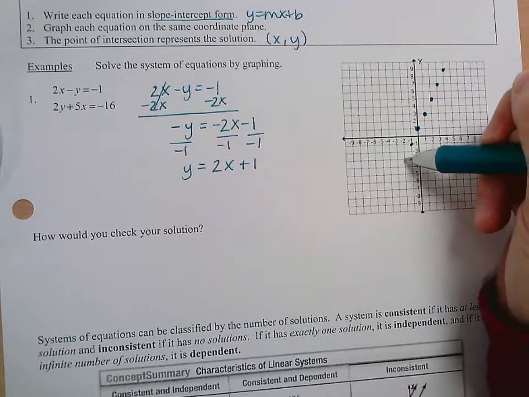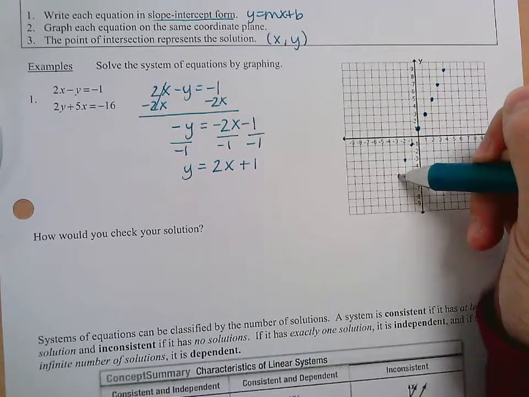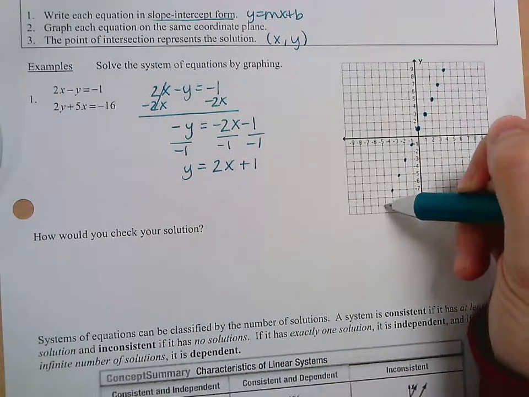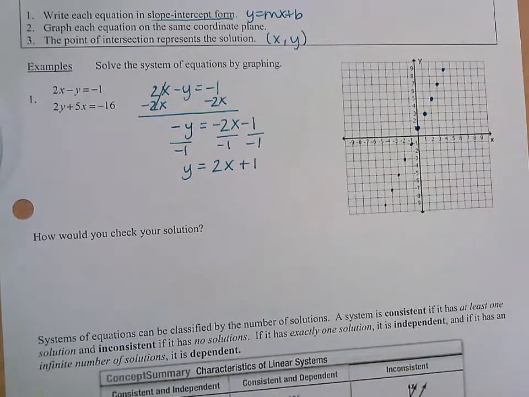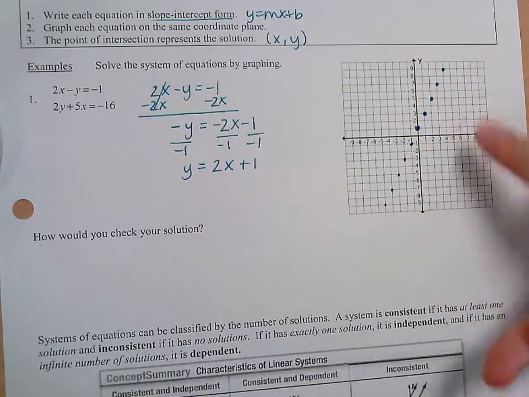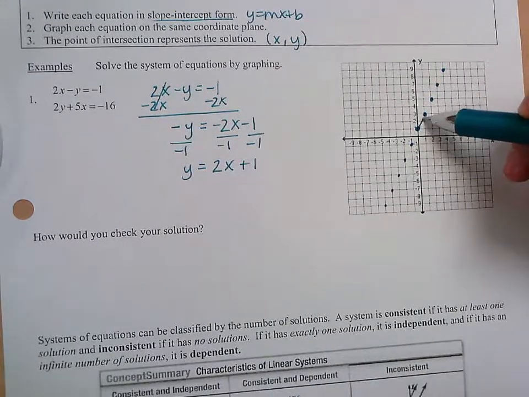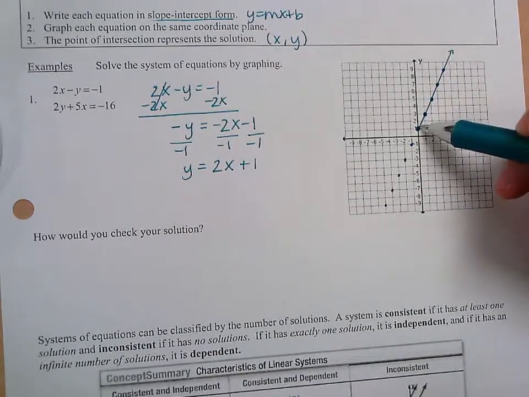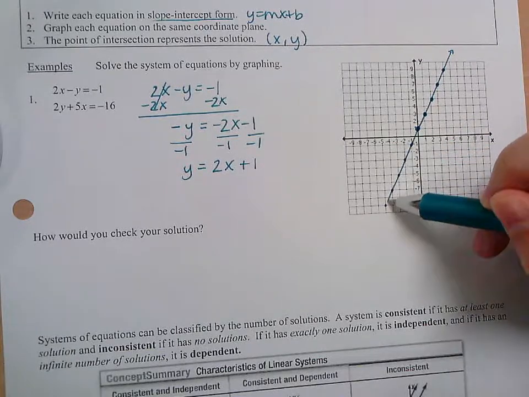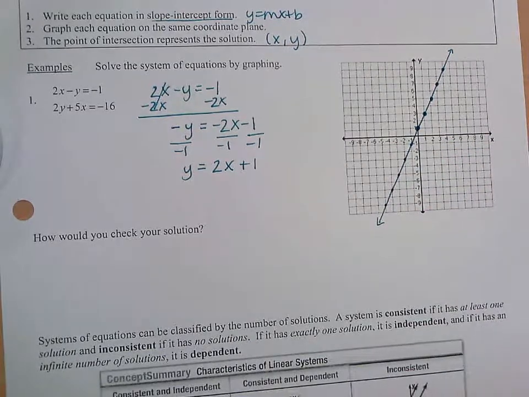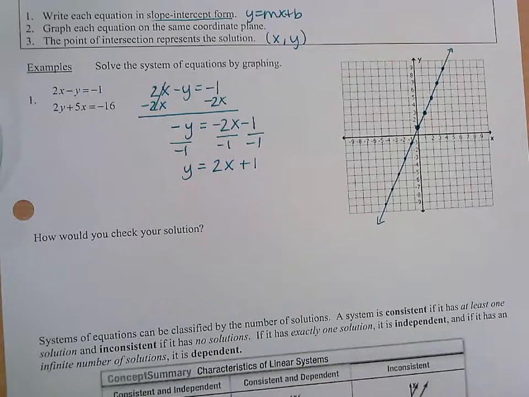With my first line, I'll definitely plot more points than are absolutely necessary to draw a line, because that way when I draw my second line, I can more easily see the point that they're going to match up on. But also, since I didn't pass out rulers, this makes it a little bit easier to draw your lines. You want to make sure they're very accurate, because if they're off by even a little bit, it can be hard to tell exactly where the lines might intersect.